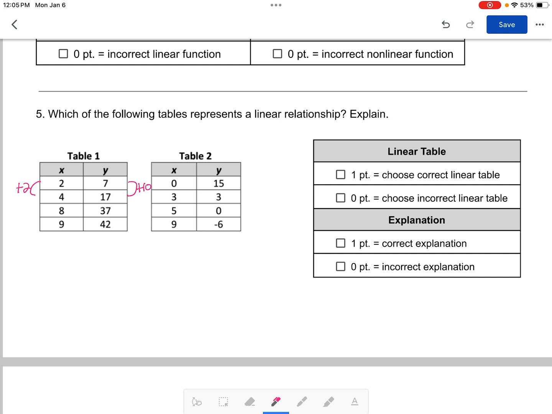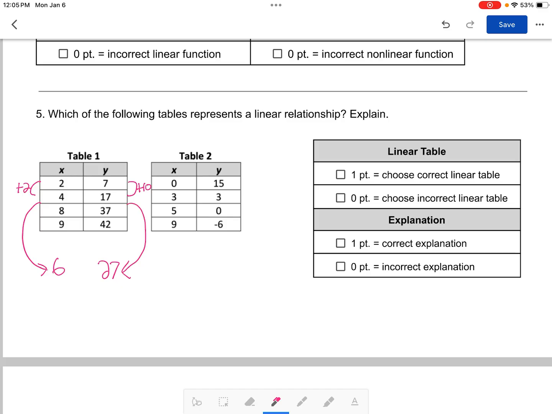Now, technically, if I added 6 in here, so I do 2, 4, 6, 8, I'm still adding 2. And then if I added 10 more, 17 plus 10 is 27. So I'm still following a pattern if I insert those values. And an 8 and 37, that still gives me 10. I'm still adding 10 to 27, and I'm adding 2 to 6 to give me that 8.